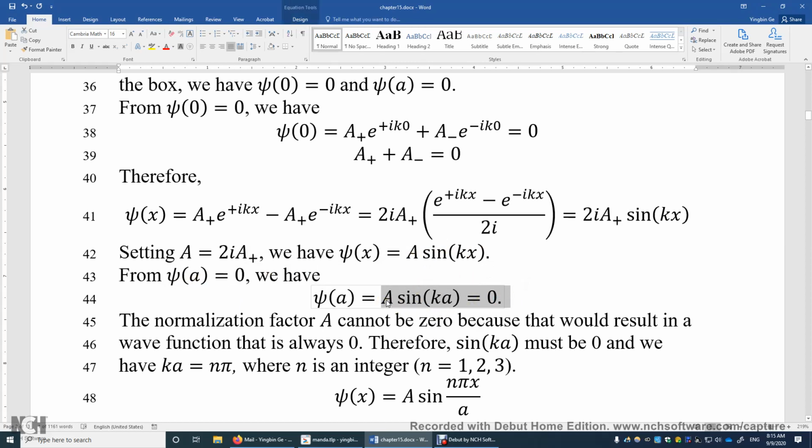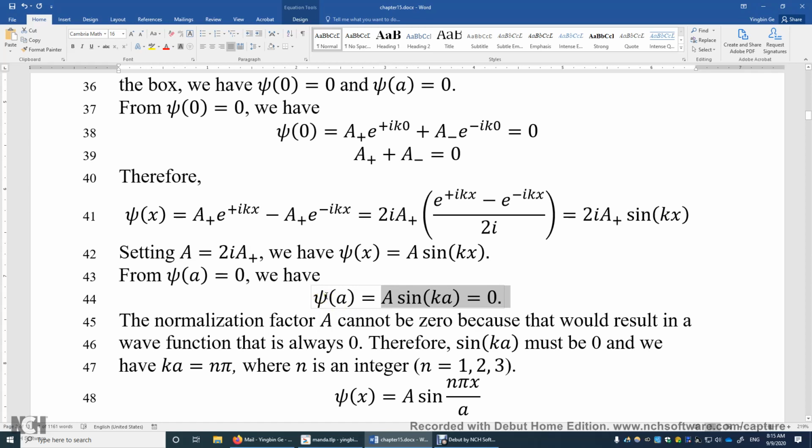Either A is 0 or sine ka is 0. But A, this uppercase A, cannot be 0. This A is the normalization factor. This A ensures the integral of the squared modulus of psi is 100% inside the box. Because again, the integral of the squared modulus of psi is the probability.